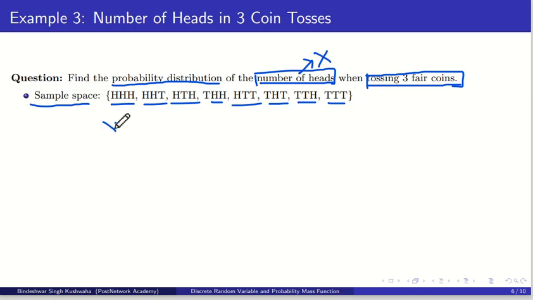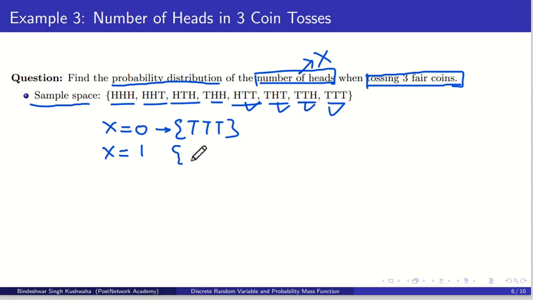So x can be 0, and you can see that only one sample point, t, t, t, gives this. For x equal to 1, just count: 1, 2 and 3.